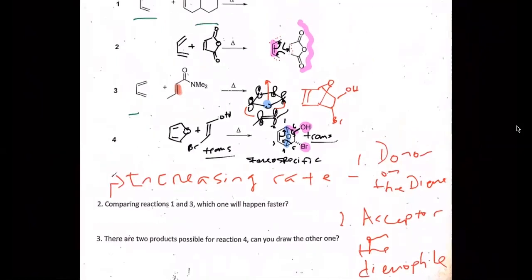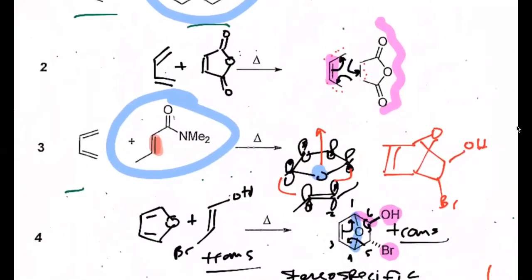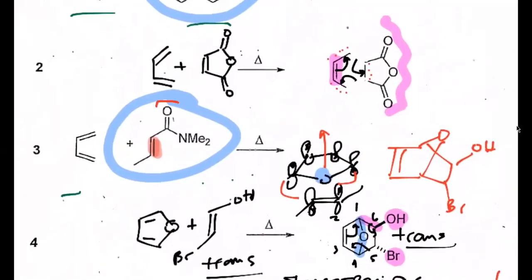So if we look at 1 and 3, we have the same diene, right? So that's not going to make a difference. But if you look at the dienophile here and here, what you'll see is that this dienophile has a carbonyl conjugated with it, right?